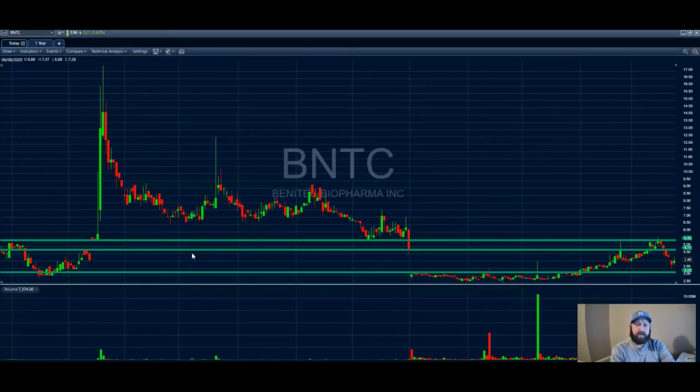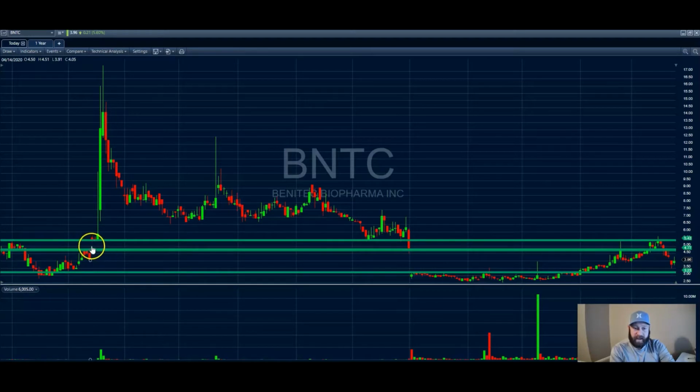Today we're going to be taking a look at a couple of charts that have gaps on them. Gaps are created, these daily candlesticks right here, that is the regular hours open to regular hours close. So anything that happens in after hours or in pre-market before the next day is going to create a gap on your chart.